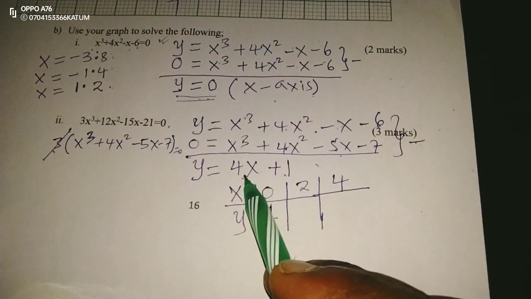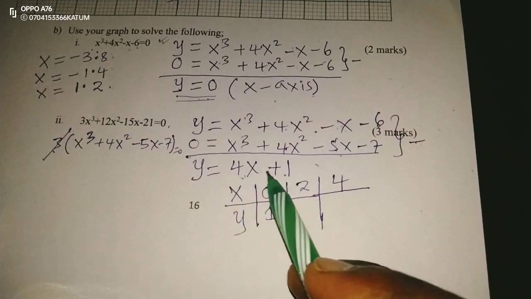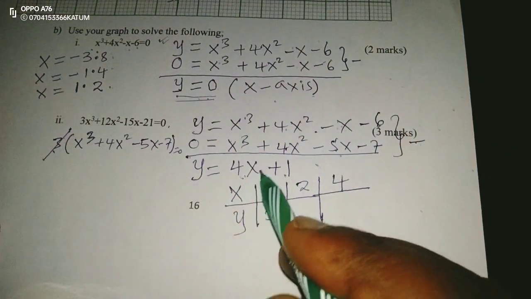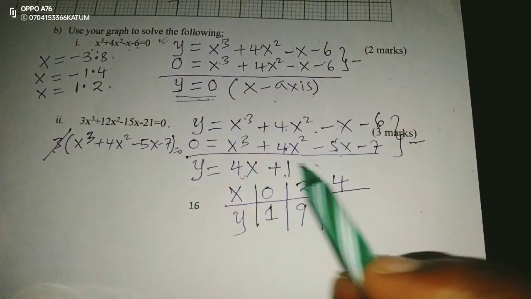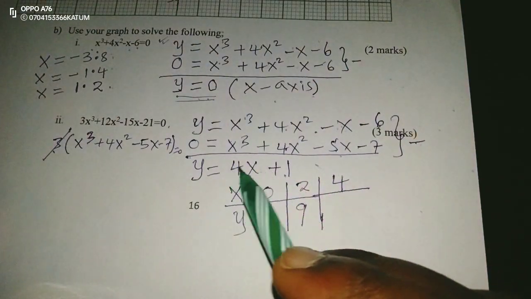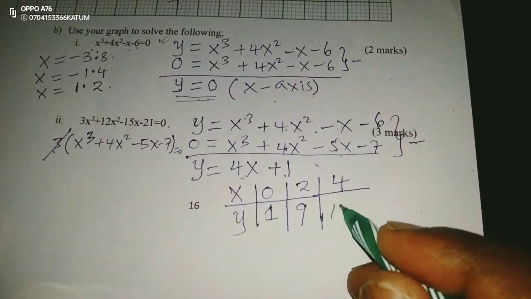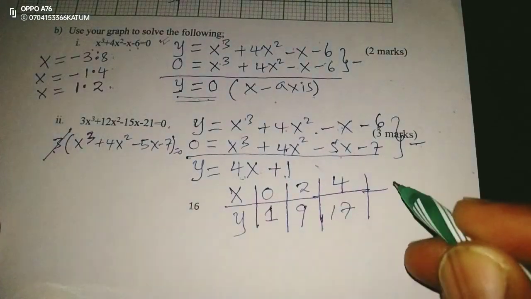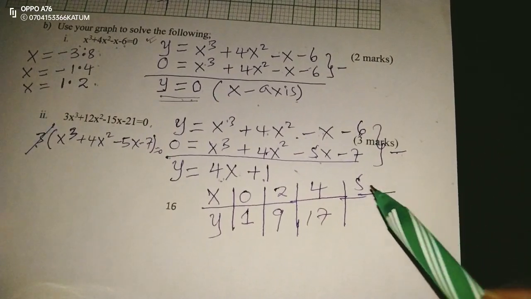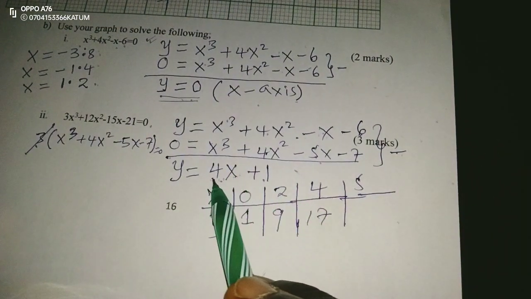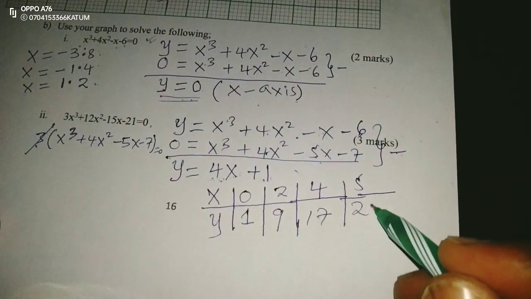When x is 2, the value of y becomes 9, because this will be 8. When x is 4, this becomes 16. Then plus 1, 17. And many other values which we can come up with, like 25, like 20 and 1, so 21.